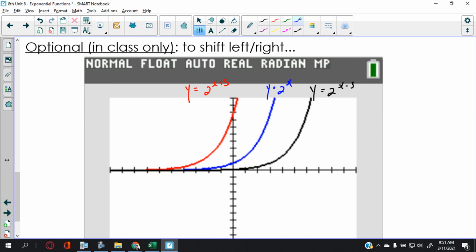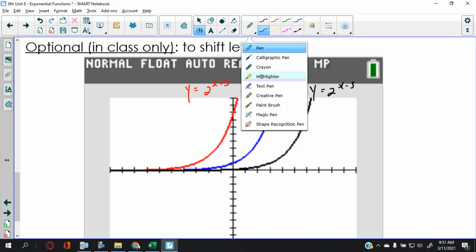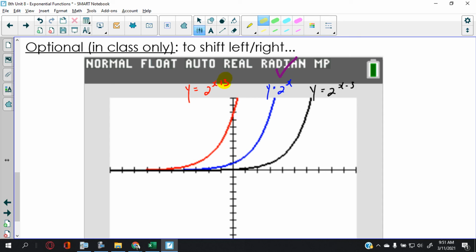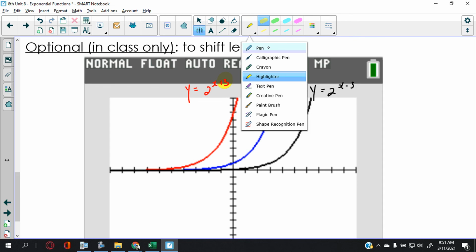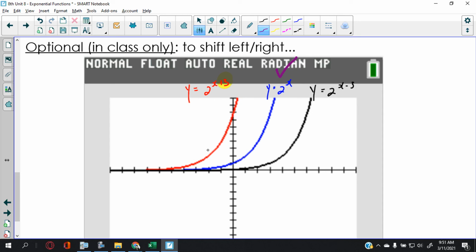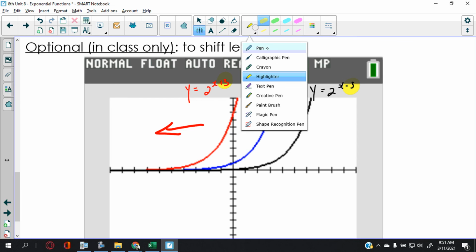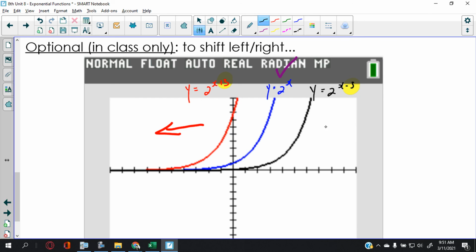This is the original. I'll use a different color. This is the original, right? If I add 3, it goes left. If I subtract 3, it goes right.